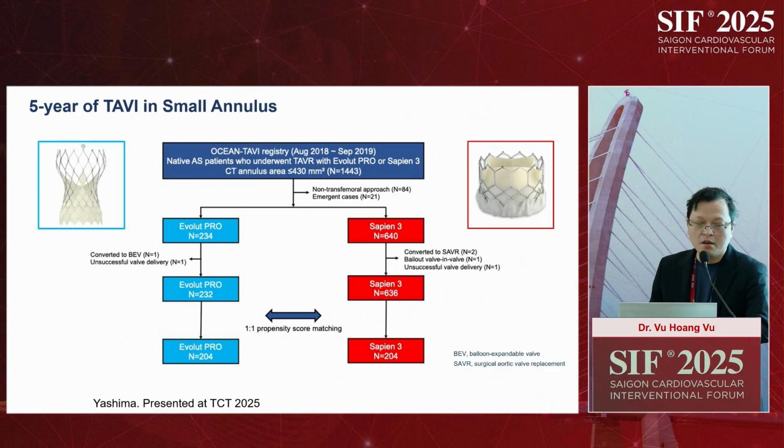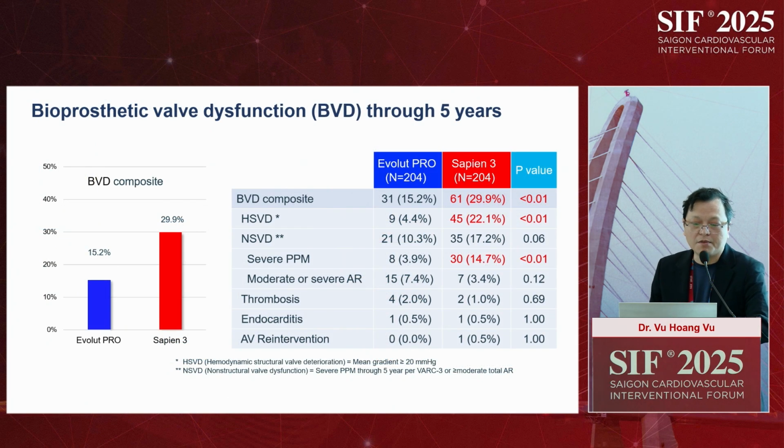But this is the registry from OCEAN TAVI at 5 years, just presented last month. They had patients with the Evolut Pro self-expandable valve and the Sapien 3. They found that after 5 years we have a similar result to the SMART trial at 2 years.